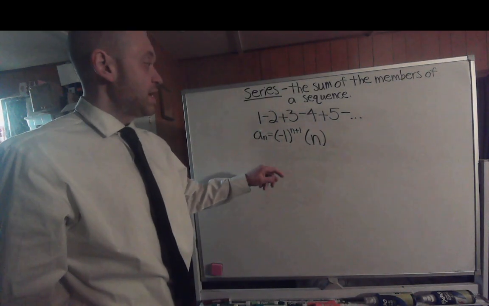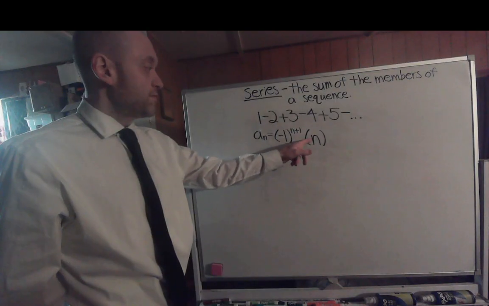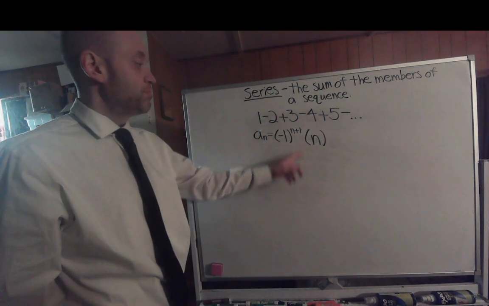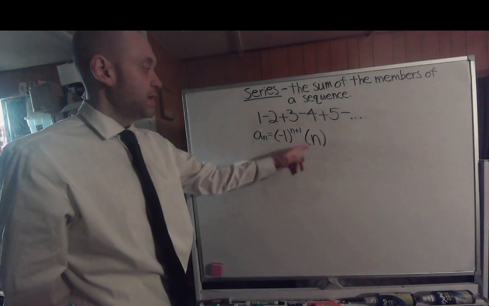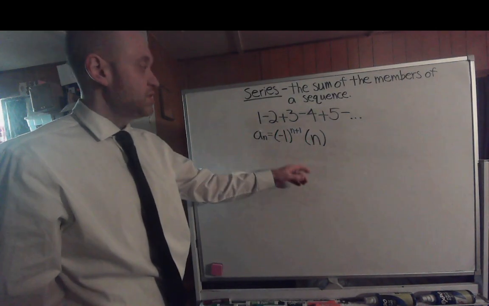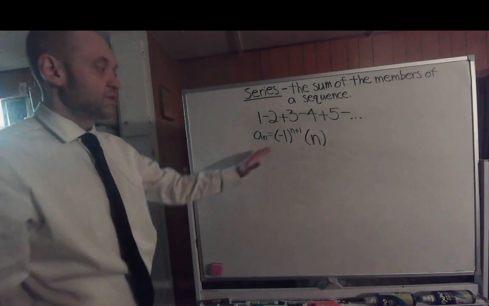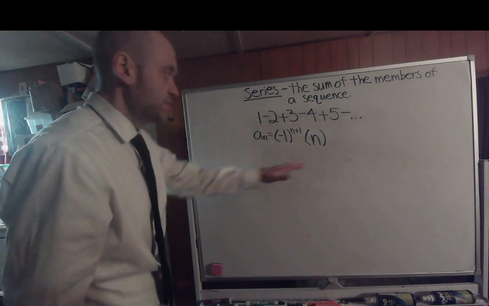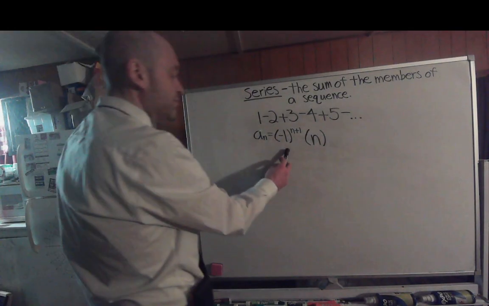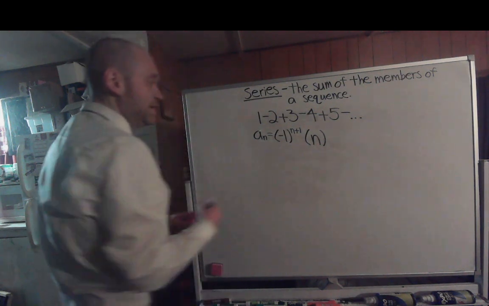If I put in 1 for n here, I would end up having positive 1. If I put in 2 for n, I would end up having negative 2. Put in 3, I would have positive 3, and so on. So this is my formula for the sequence part of it. A sub n equals negative 1 to the n plus 1 times n.